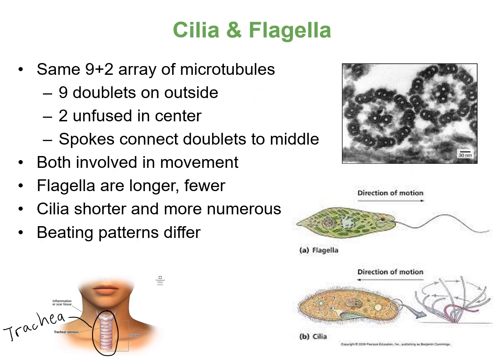Since cilia and flagella are involved in movement, it makes sense that they're made up of microtubules. In both, if you were to take a cross-section of a flagellum or a cilium, looking down into it you would see this 9+2 arrangement of microtubules, where there are 9 doublets of microtubules on the outside, and 2 unfused microtubules in the center.